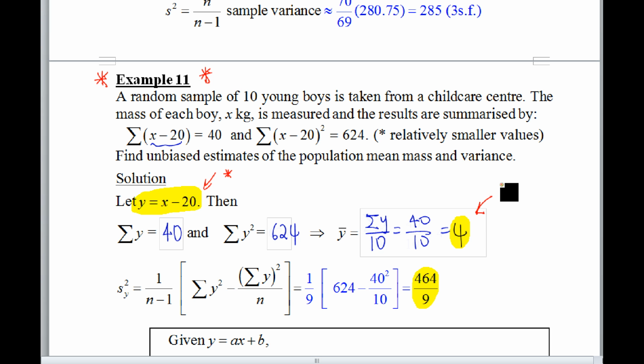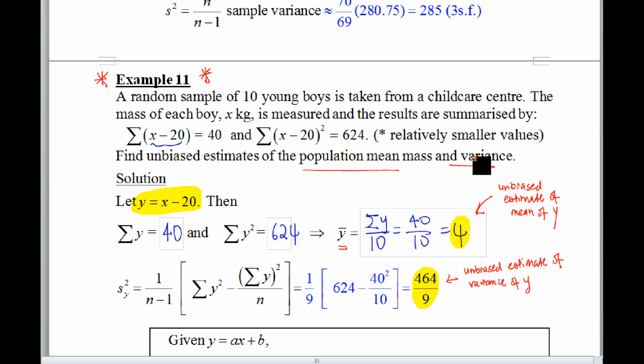This 4, which is the mean of y, is the unbiased estimate of the mean of y. This is the unbiased estimate of the variance of y. But the question asks us, what is the unbiased estimate of the population mean and variance of what? Of x. Correct? We want x, we don't want y.